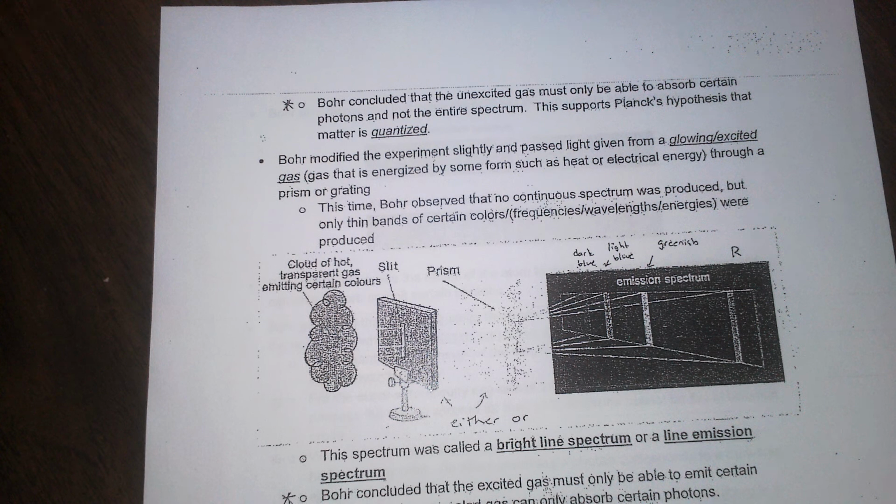If it could absorb the entire spectrum, we wouldn't have these dark bands or these gaps in the spectrum. And so Planck, if you remember, is where we flipped over into photons as packets of energy, away from the wave theory and into the particle theory. This supported it. Bohr was able to support Planck's theory.